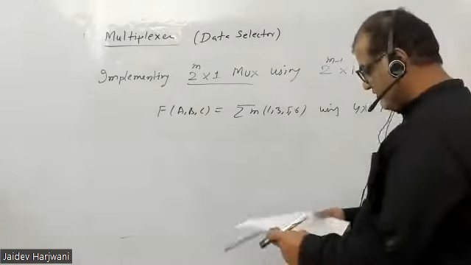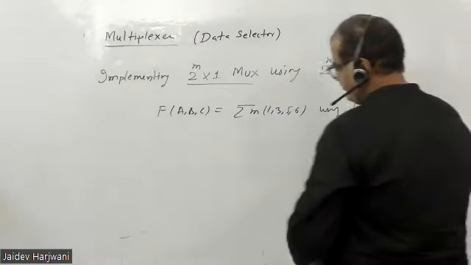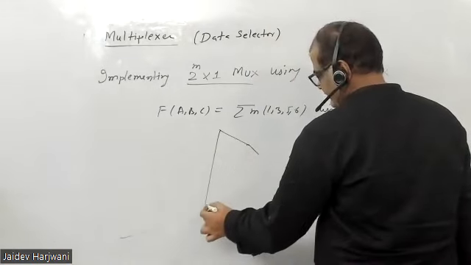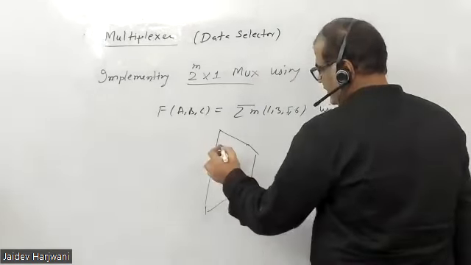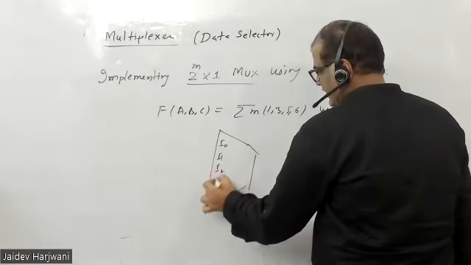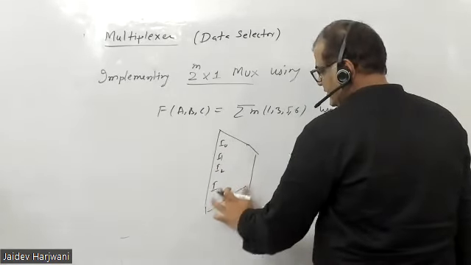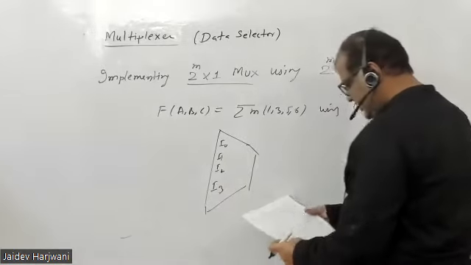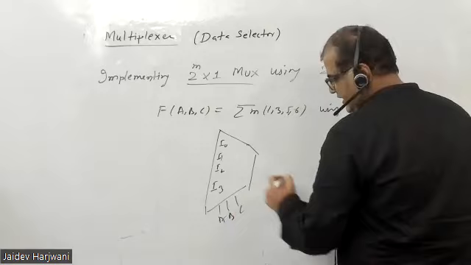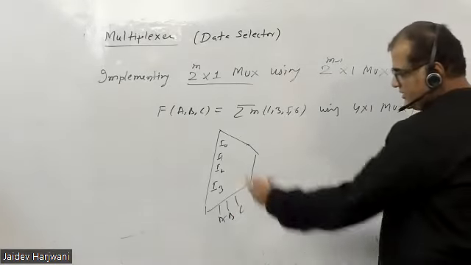For example, if I want to implement this function, I have only I0, I1, I2, I3. Now I have three variables, A, B, C. Here it is only 4.